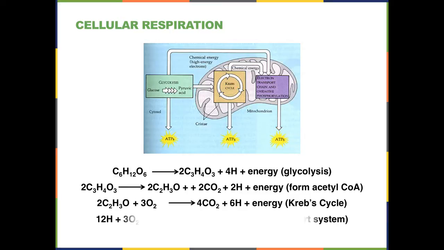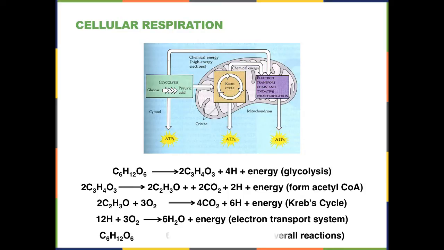And lastly, in the electron transport system, 12 hydrogen atoms are combined with 3 oxygen molecules to form 6 molecules of water. So you can see that overall, glucose is broken down to form 6 carbon dioxides and 6 water molecules, and energy is produced.